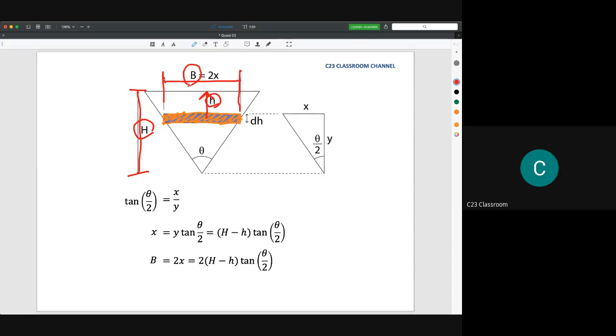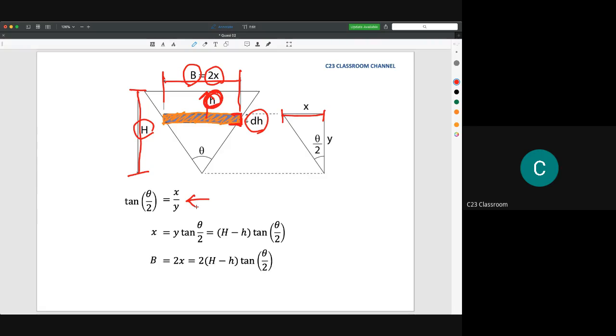And because we assume half of this is equal to x, now we could write b is equal to 2x. Okay, and then because this is the h, we could assume that the thickness of this strip is delta h, dh.